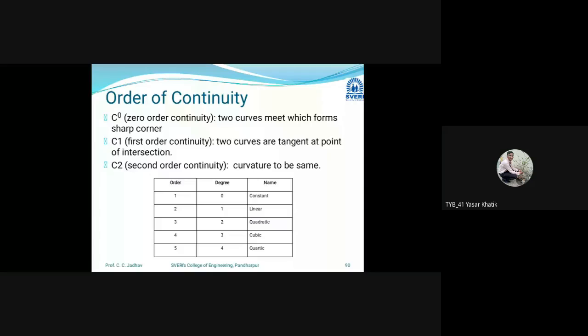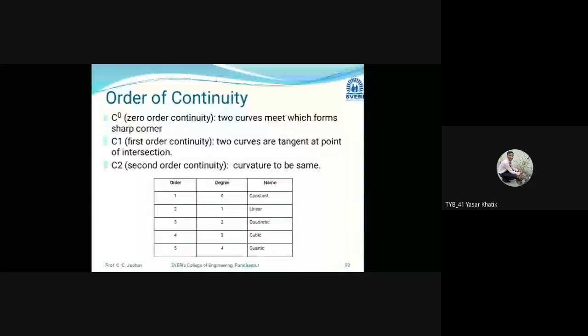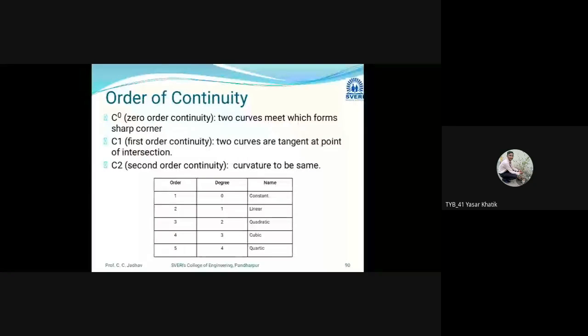Okay, I will show you an example in terms of the graph. First of all, first order continuity, second order, then we will get a linear chart. Two tangents at a point of intersection, at that time we will get some linear nature of the curve. And as the order of continuity increases, our curvature nature also increases.